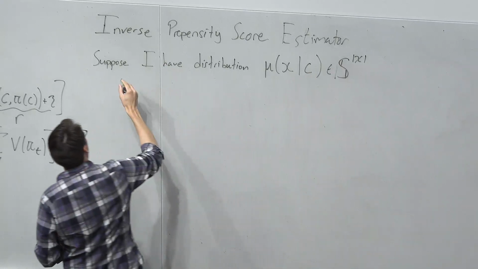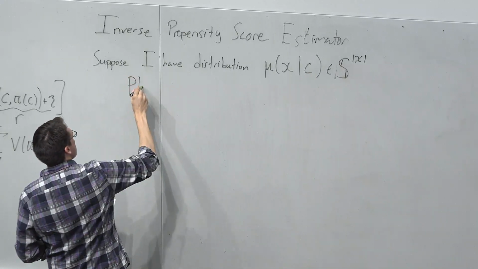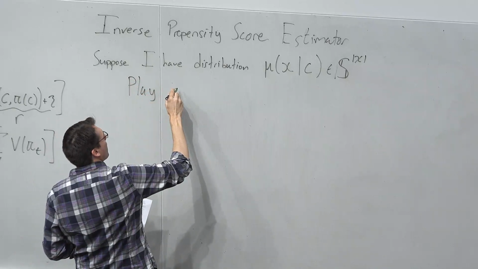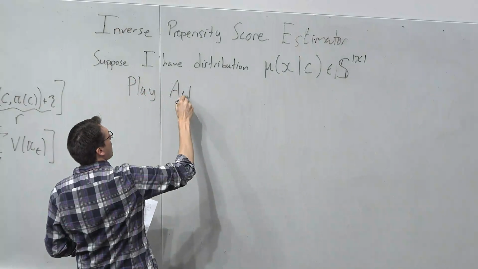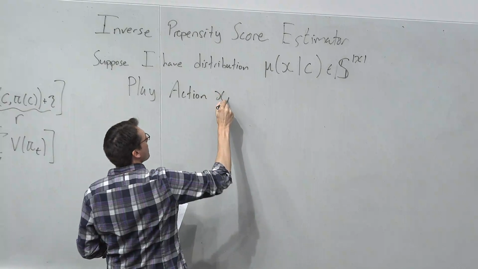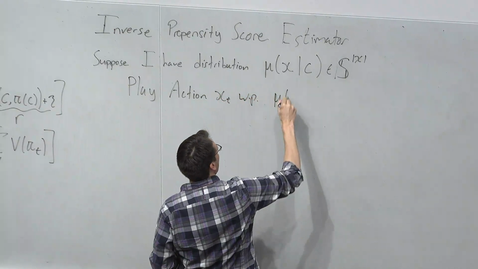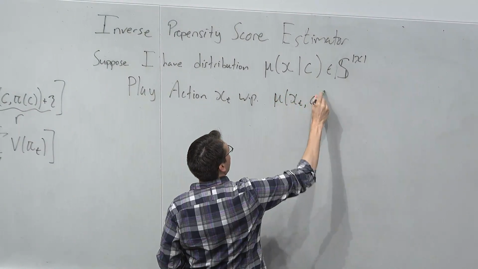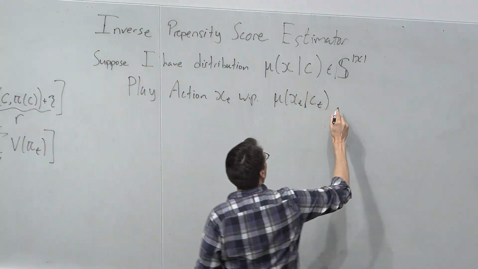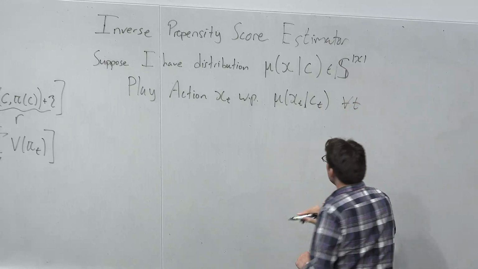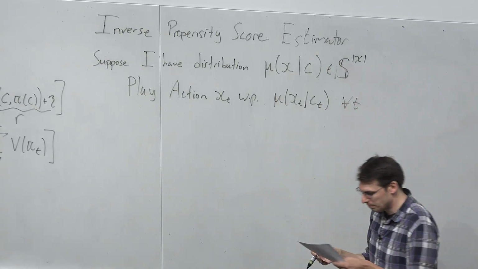So I play action x_t with probability mu of x_t given c_t for all t. I'm going to play this policy for some amount of time.